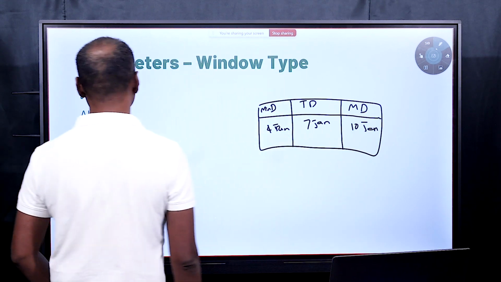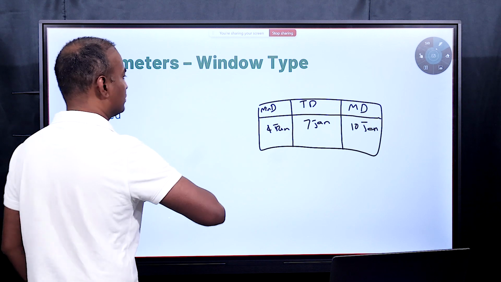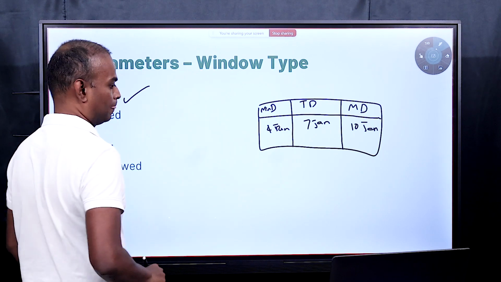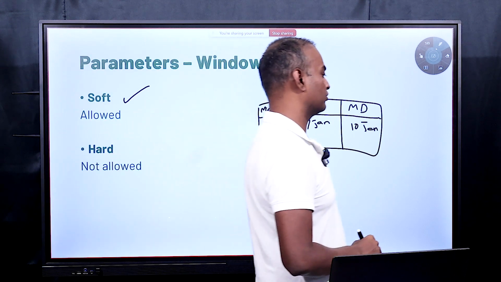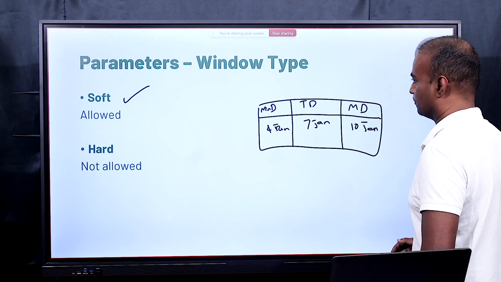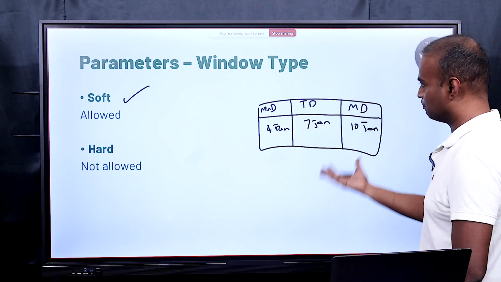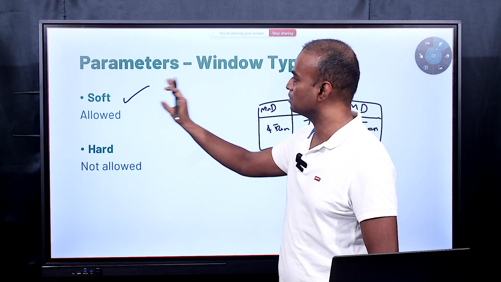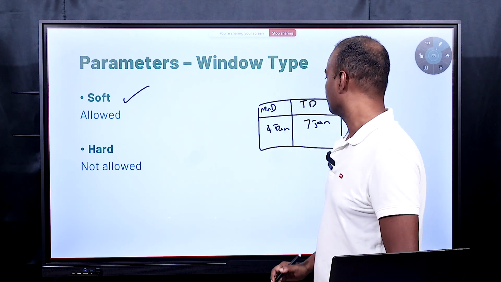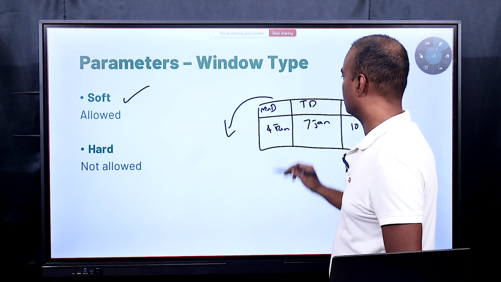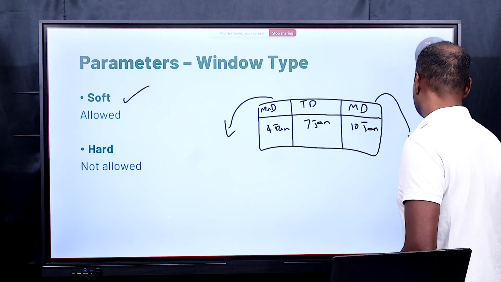What happens if you check a particular visit as soft window? Someone is asking what will happen if the patient comes before 4th Jan or after 10th Jan. If for this particular visit you have configured soft window as S, then the patient is allowed before 4th Jan and also after.